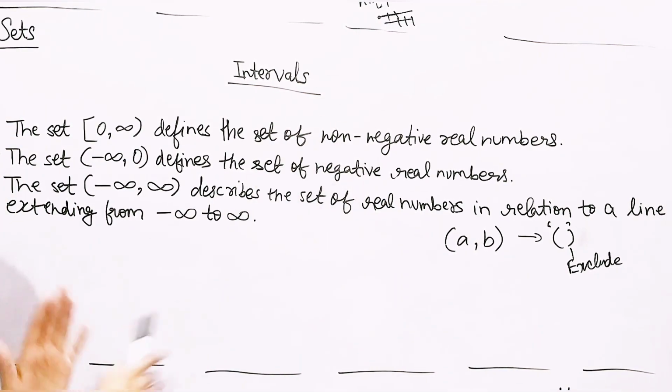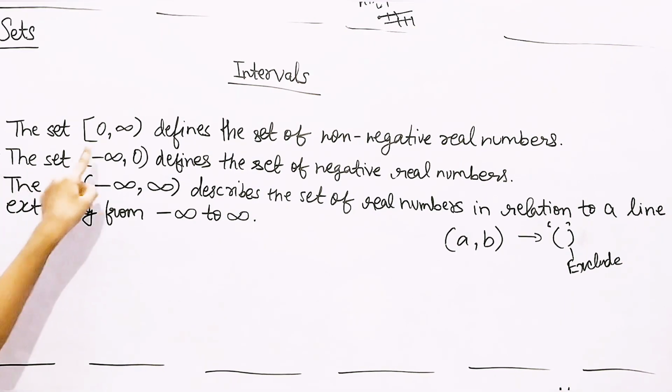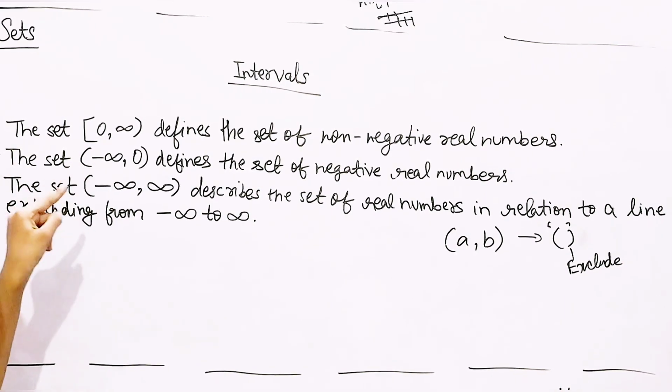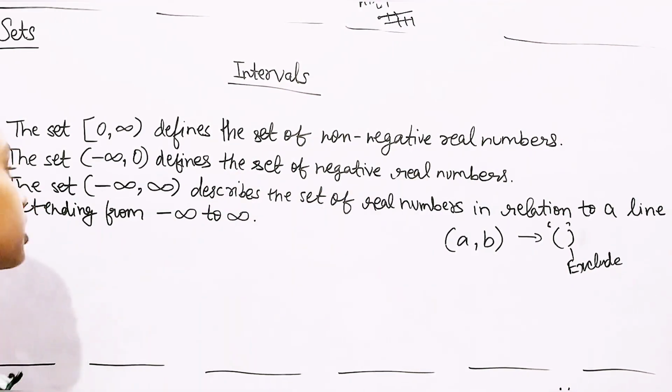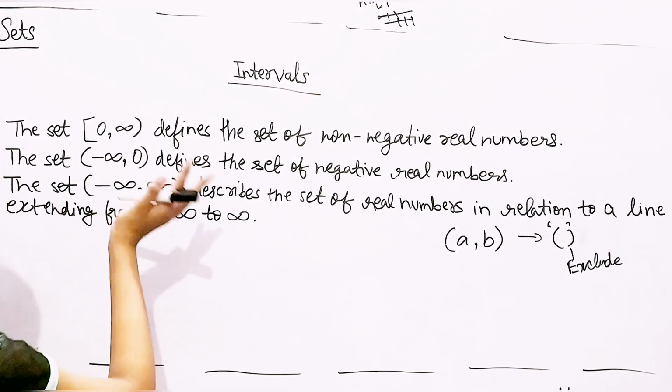Okay, no negatives. The second one we have is the set negative infinity comma 0, which defines the set of negative real numbers. In this we have an open interval.